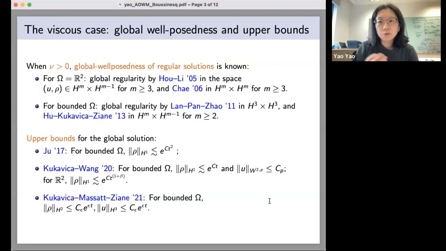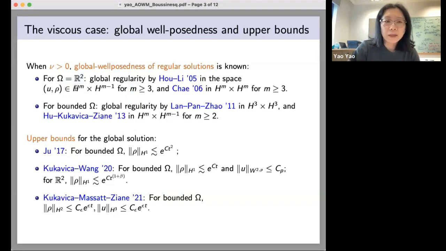Next, I'm going to first consider the viscous case, and briefly review what is previously known about this system of equations. For the viscous case, the global well-posedness of regular solutions is known, namely for the spatial domain being the whole plane. It's known that when the initial condition is in a certain Sobolev space, whenever the exponent of the Sobolev space is bigger than a certain value, there is a global regular solution.